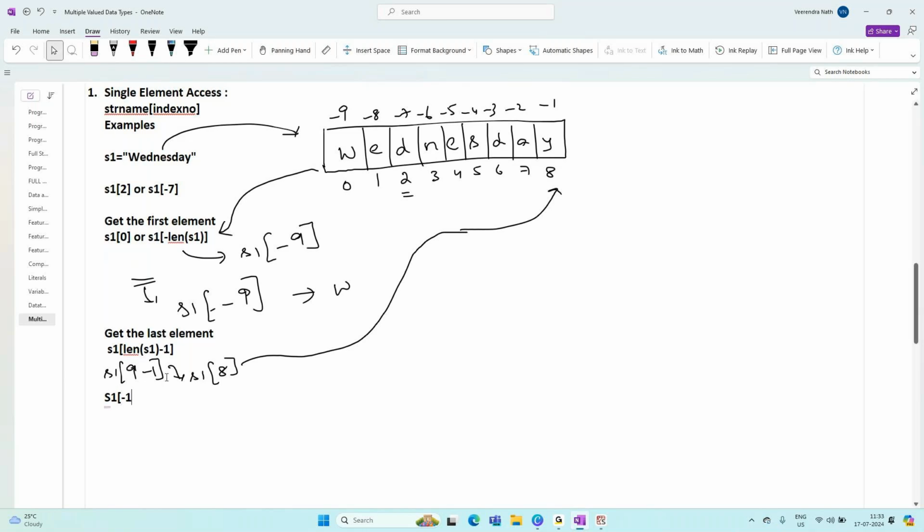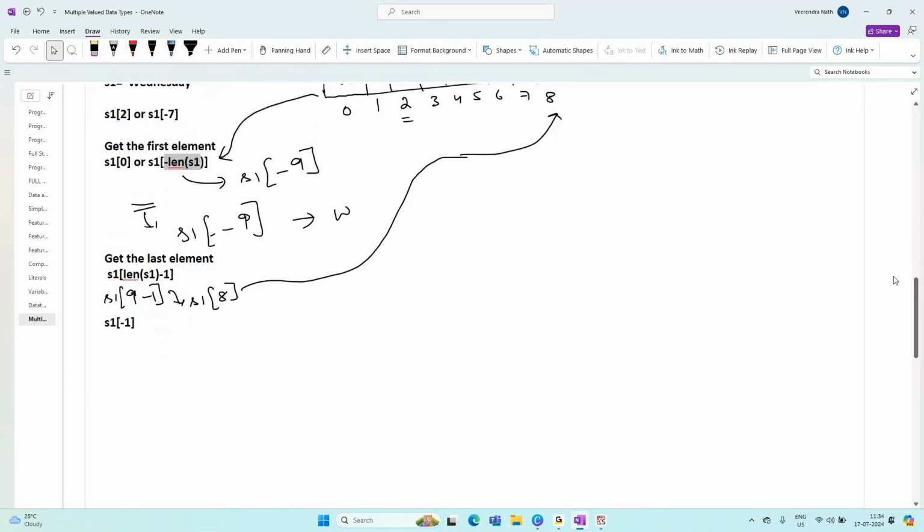S1 of minus 1 is universal. Yes or no? First element S1 of 0 universal. S1 of minus 1 for the last element universal. But if you want to get it from here, you have to use the length. Is that clearly understood? Yes. Okay, I may be mistaken in the beginning, but now I think it's okay.